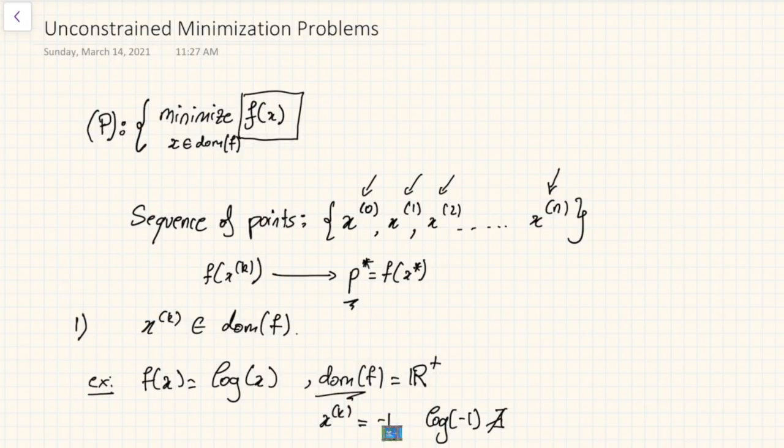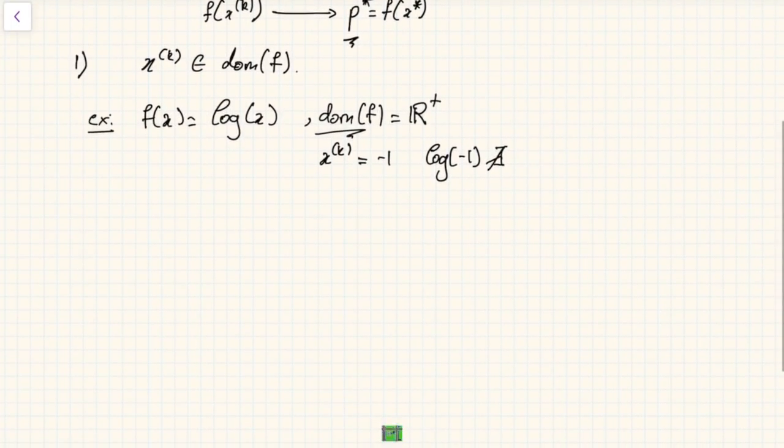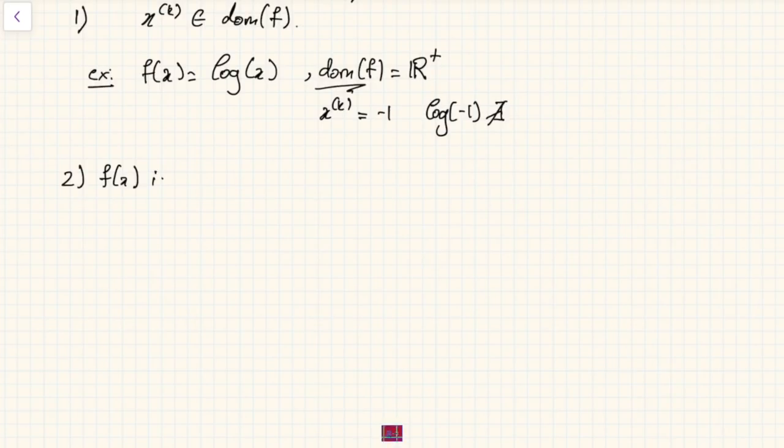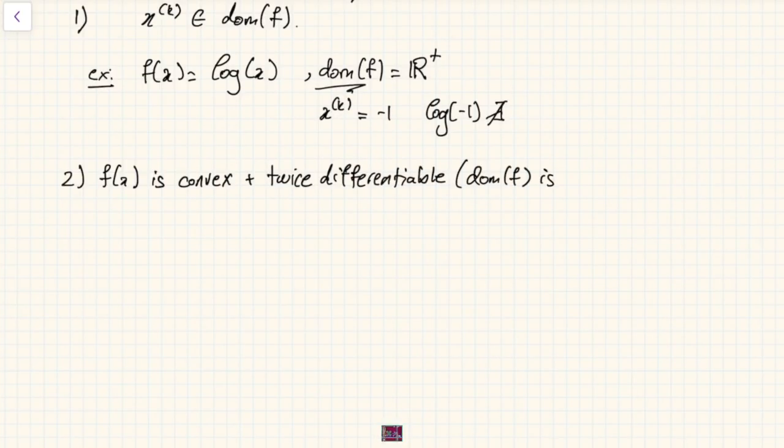Now this is one thing to keep in mind, and another thing is that my f of x, the cost function, is convex and twice differentiable. In other words, the domain of f is an open set.